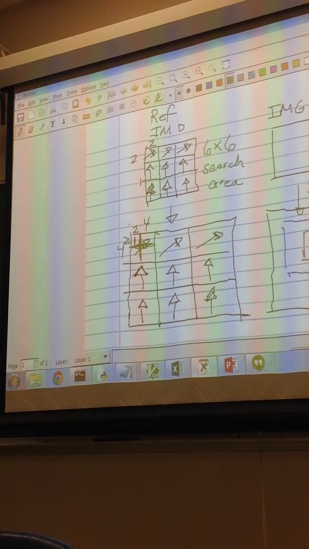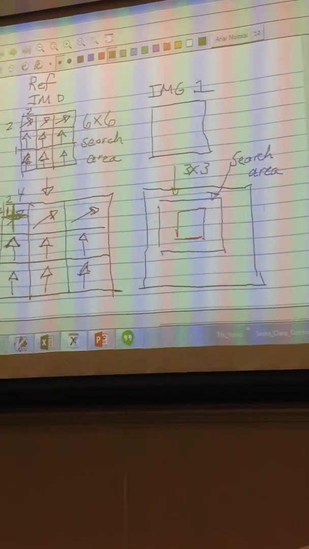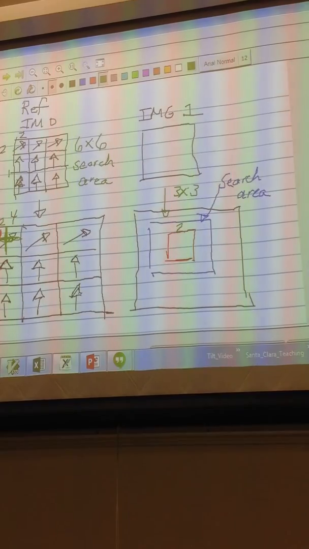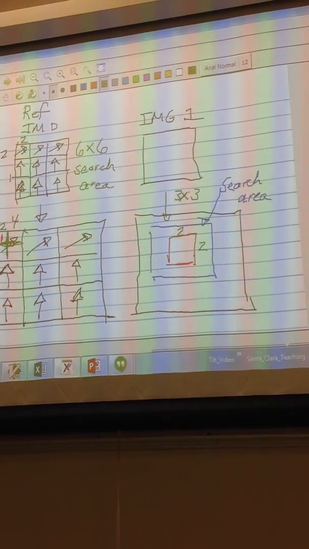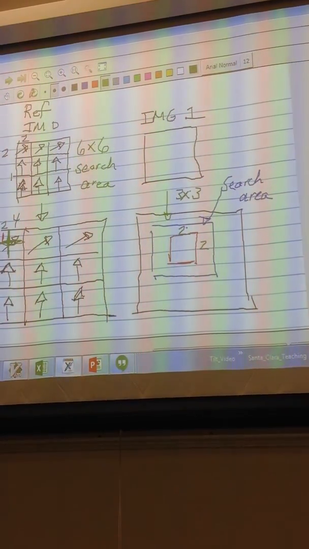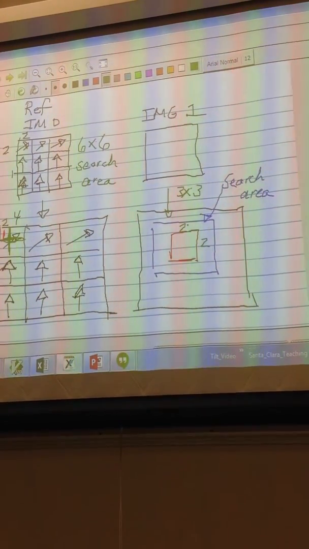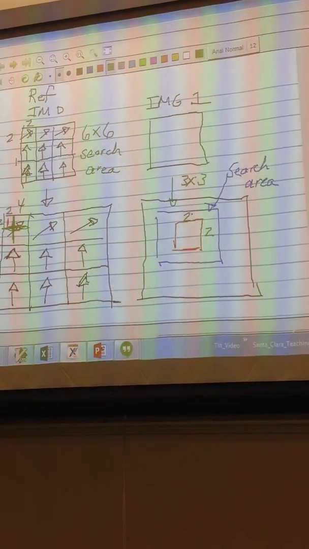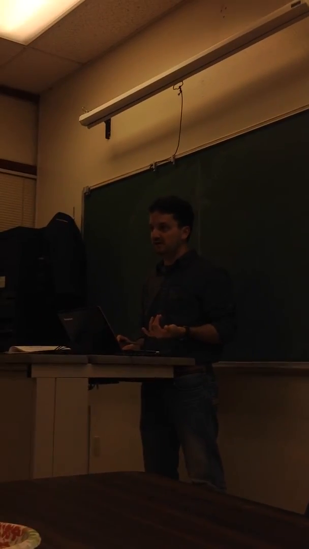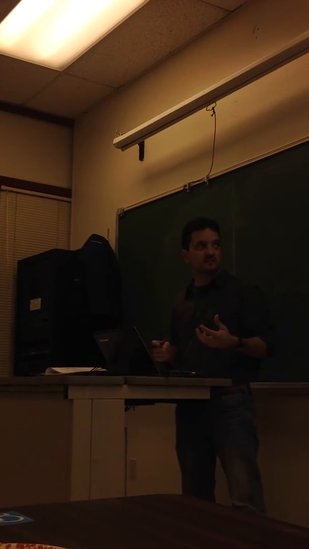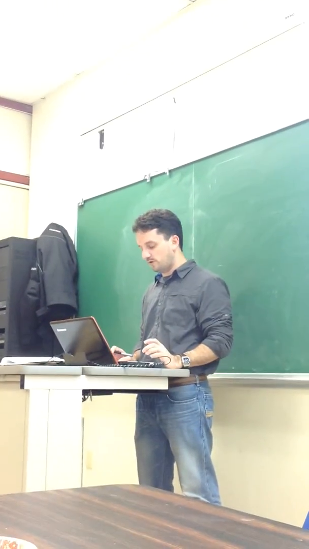So in this image over here, you're actually finding a block that's 2 by 2. I didn't show that, but these blocks are 2 by 2. So in the higher level, you're reducing the search size by 2 every time you go up. And that's what makes this fast, because you're not searching over a ton of blocks and a huge search area like I showed before.